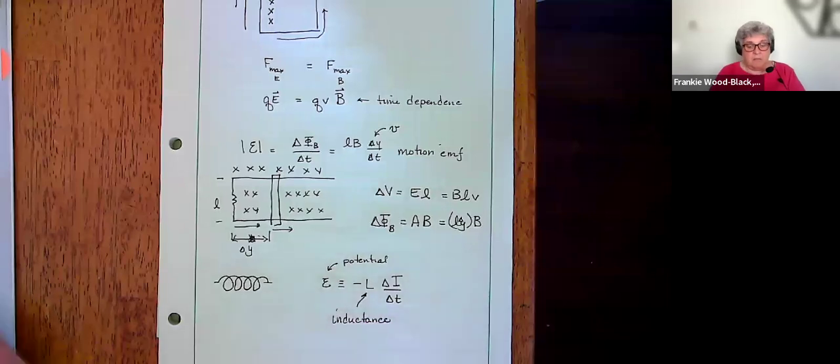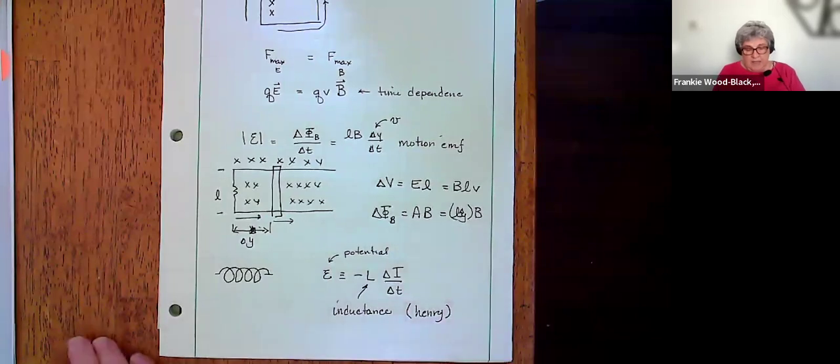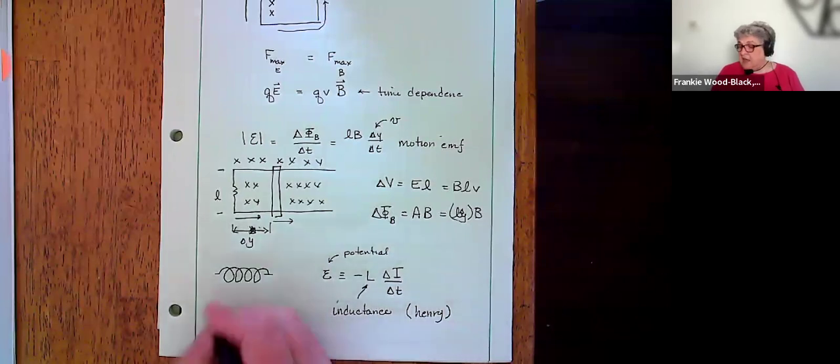And inductance is going to be kind of like capacitance. It's going to have units of henries. And we can actually use these things and they become important in our AC circuits. It's got a time dependence.